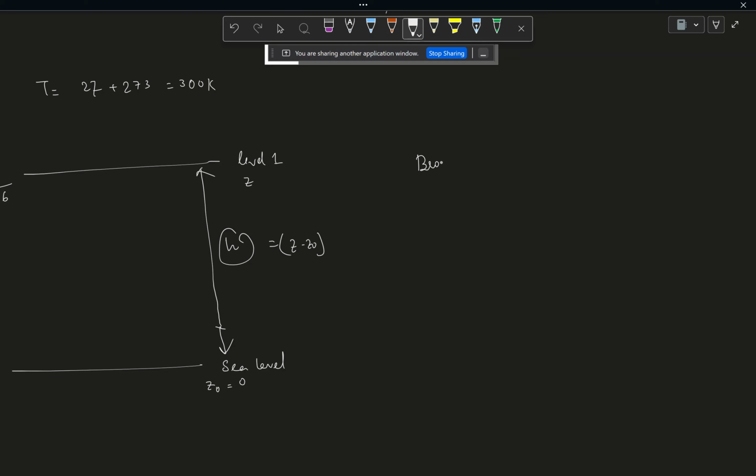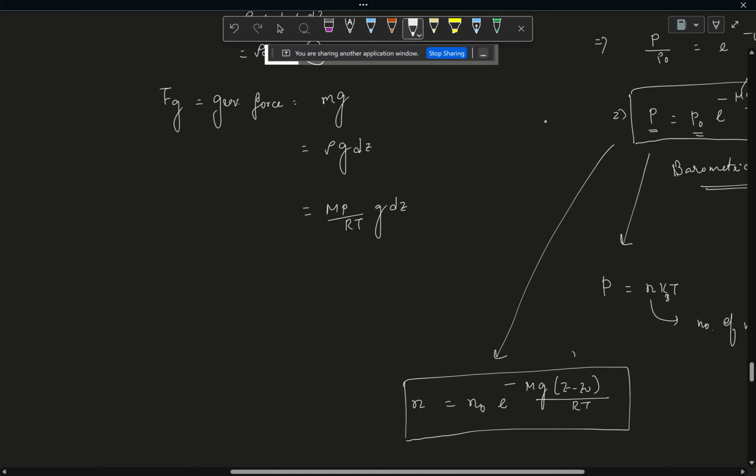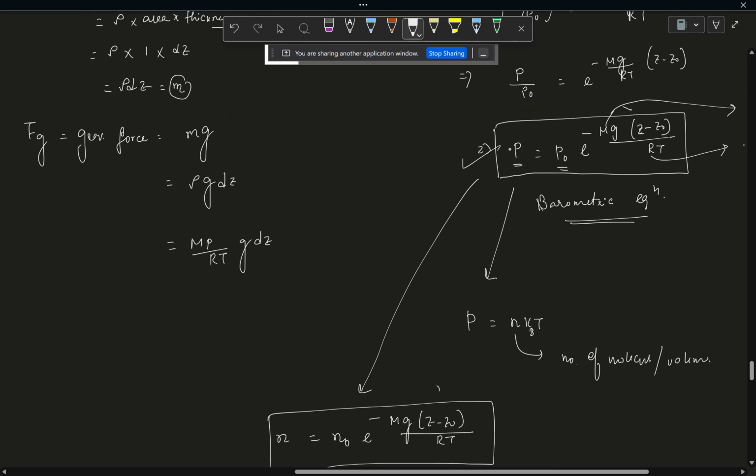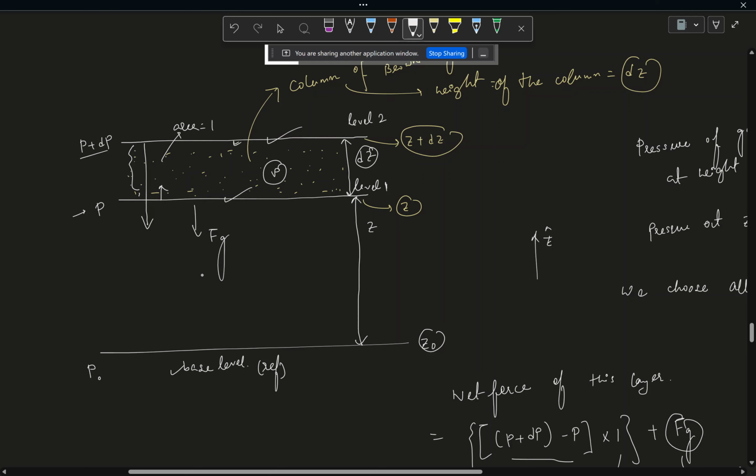So it will follow Brownian motion for this case, and the physics will just be the same as we derived for the barometric equation just above this part, that we had derived this equation, right? P equal to P naught e to the power minus mg z minus z naught by RT, where we had a diagram like this.